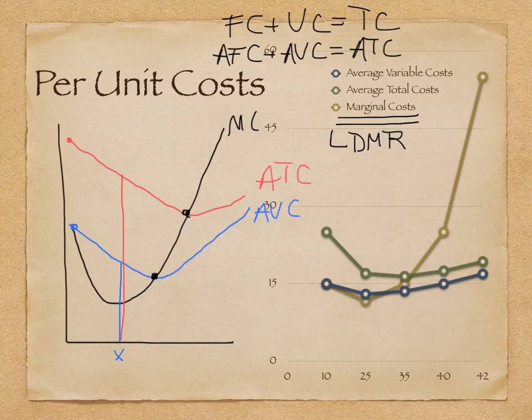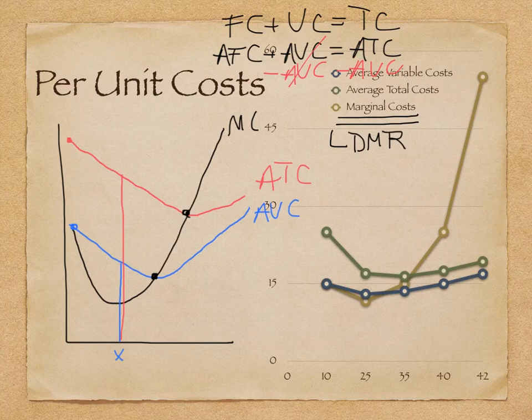So if the average fixed cost plus the average variable cost equals the average total cost, if we simply subtract out the average variable cost from both sides of this equation, we'll get that average fixed cost is equal to average total cost minus average variable cost.